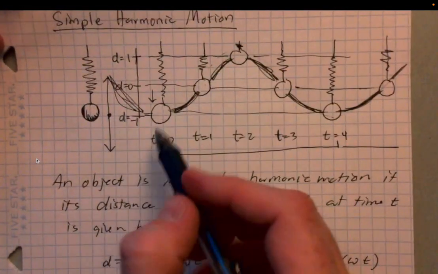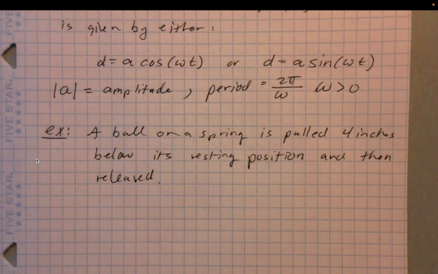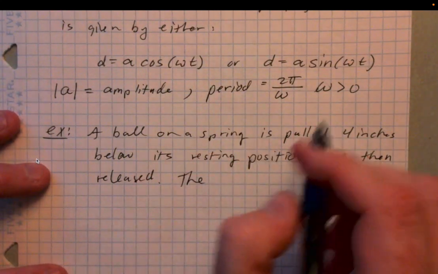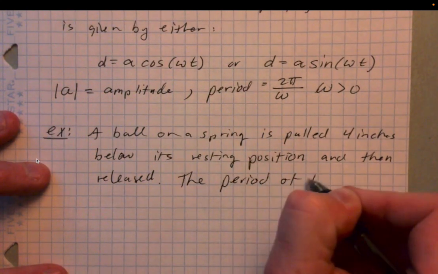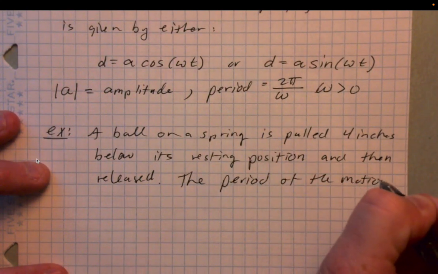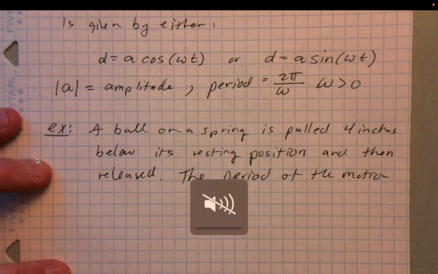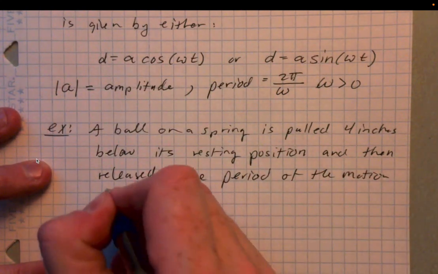Just deeper valleys and higher peaks. Okay, so a ball on a spring is pulled 4 inches below its resting position, and then it's released. Okay, and let's say that the period of the motion is 6 seconds.